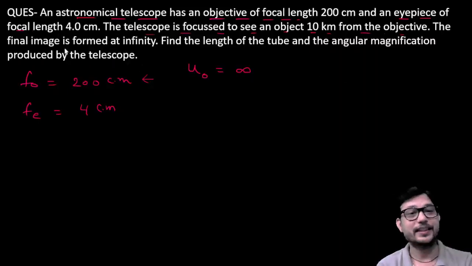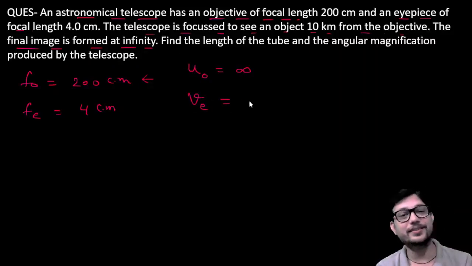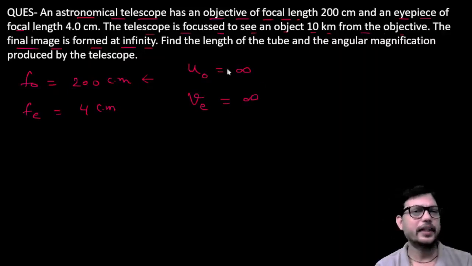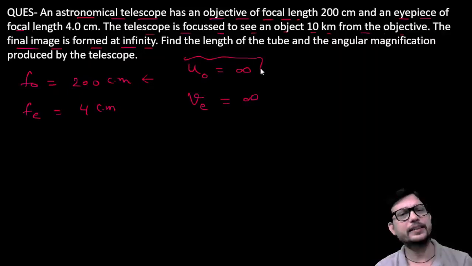Also the condition is that the final image VE is also at infinity. So in an astronomical telescope, this condition is obvious.